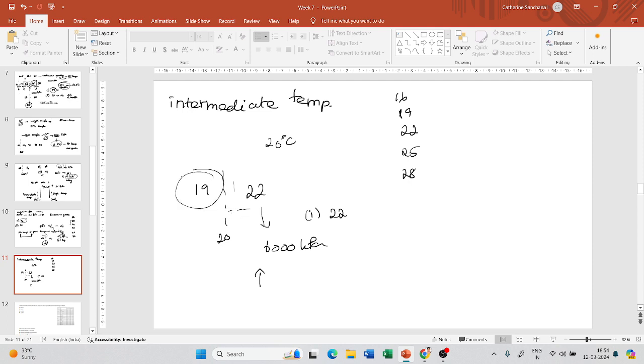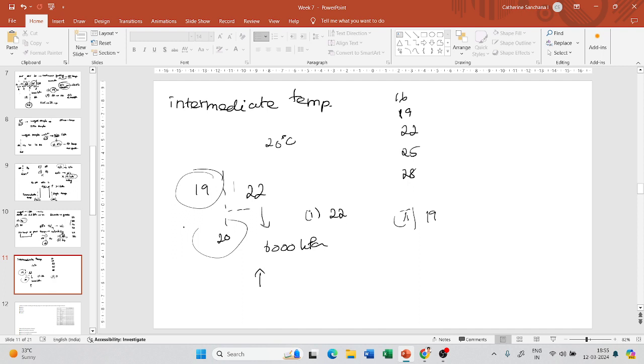Now if I ask for a bitumen with a PG grade of 19, my bitumen can survive in conditions up to 19 degrees Celsius, and the lowest intermediate temperature that my pavement will be subjected to is only 20 degrees Celsius.